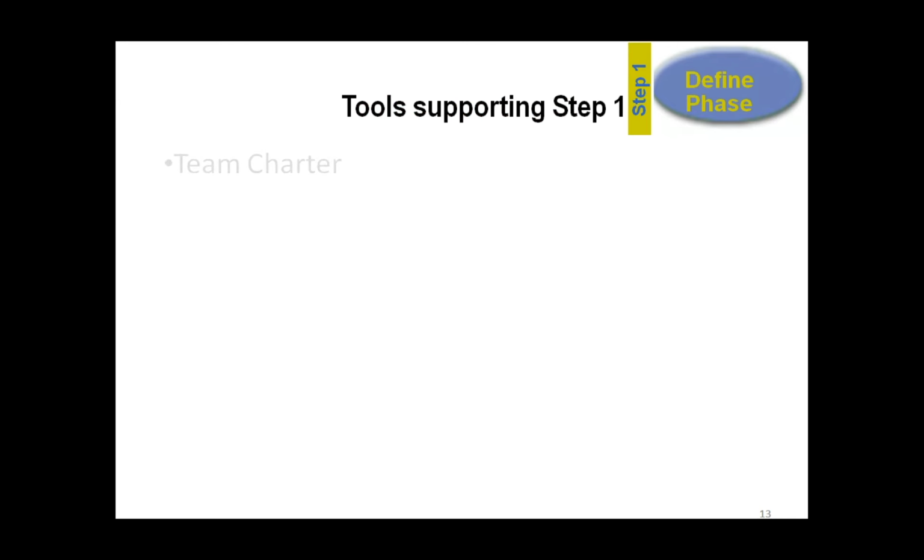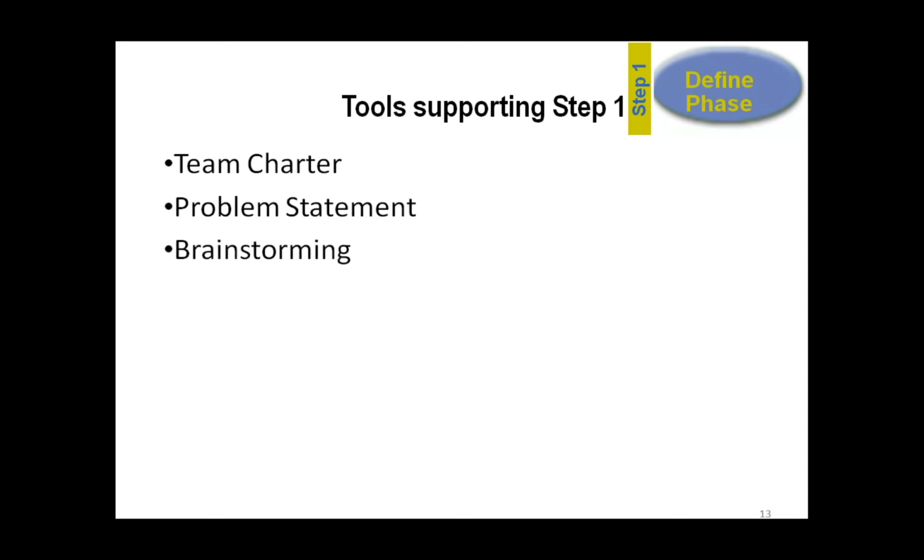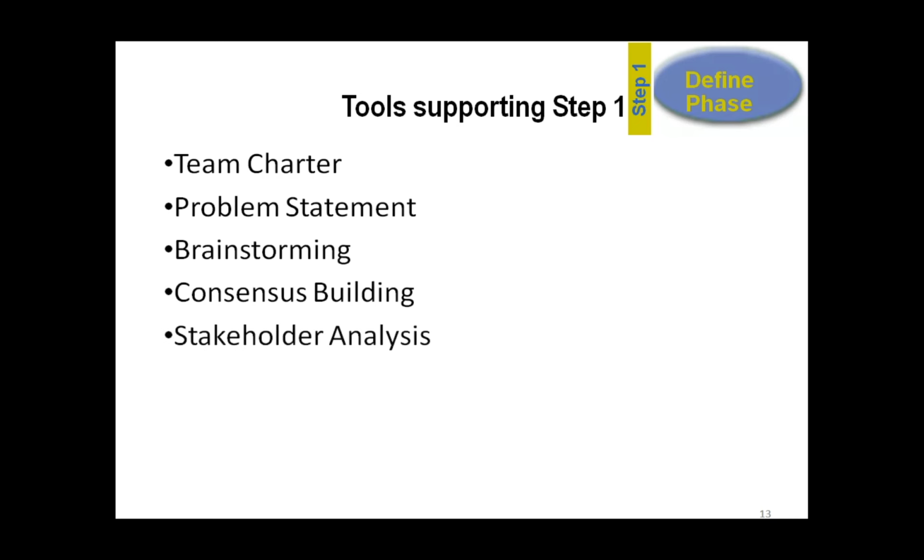Now, there are some other tools that we use in the Six Sigma define phase. For example, we have the team charter, where we define the problem statement, the stakeholders, the team members, the timeline, the target. So all of that is defined. There are other tools like brainstorming, consensus building, stakeholder analysis, SIPOC, which stands for supplier, input, process, output, customer.